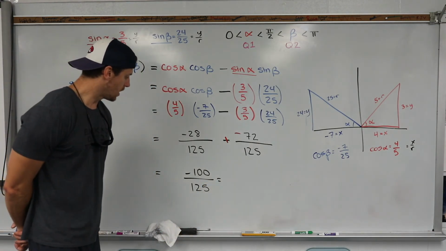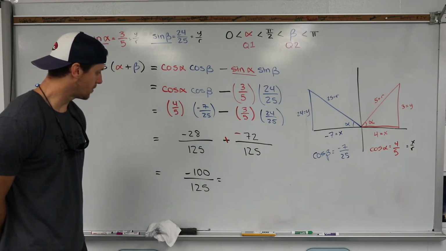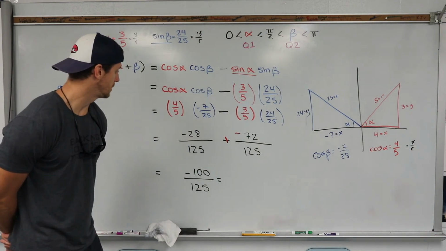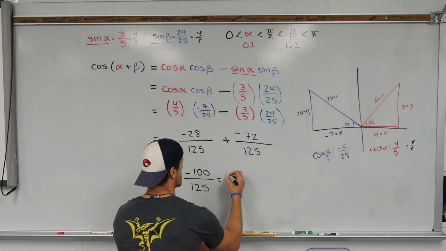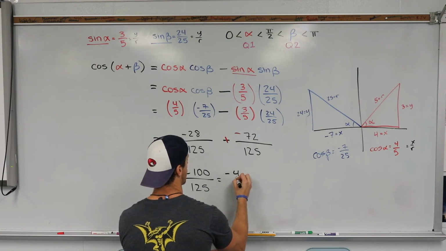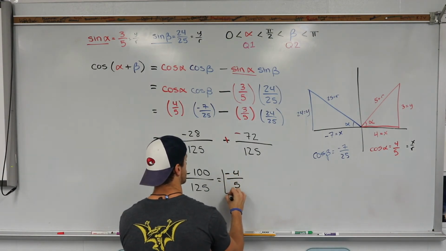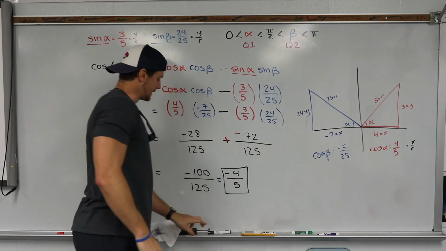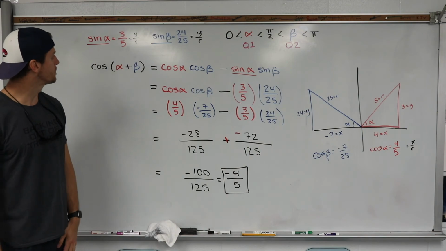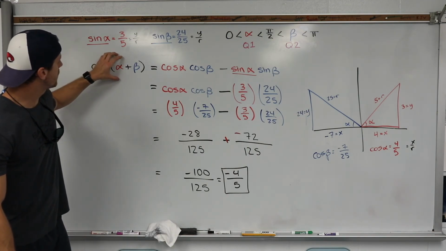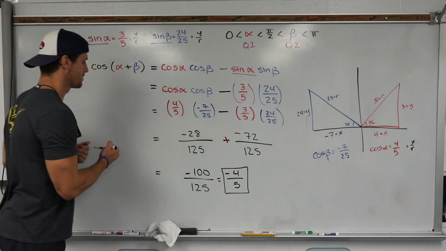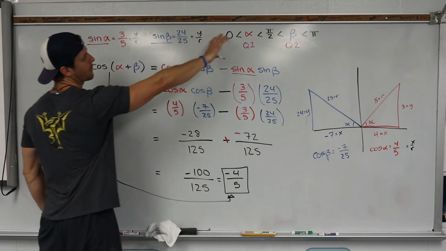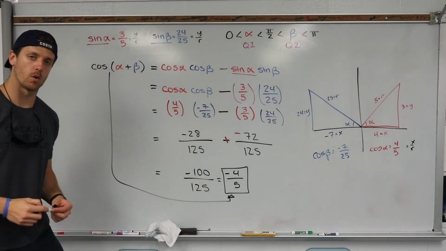How about that? They both have a common factor of 25, I believe. So that would be a negative 4 over 5. That is what that equals. Alright? So cosine of alpha plus beta, its numeric value, given these parameters and situations, is negative 4 over 5.